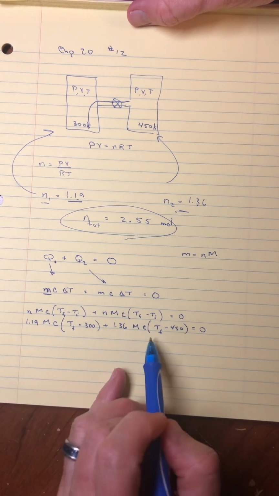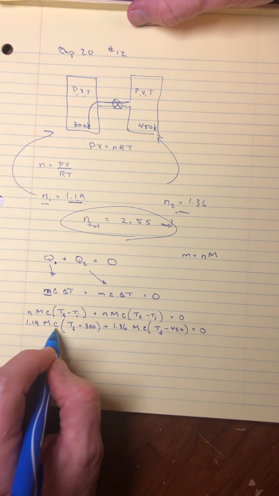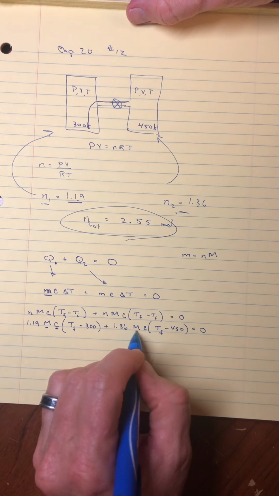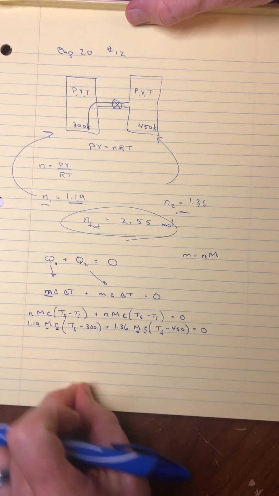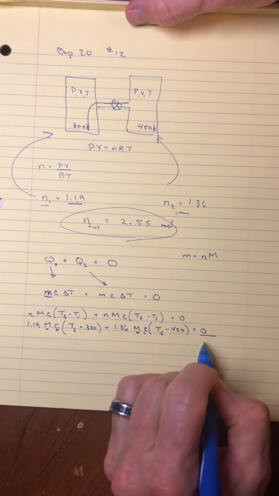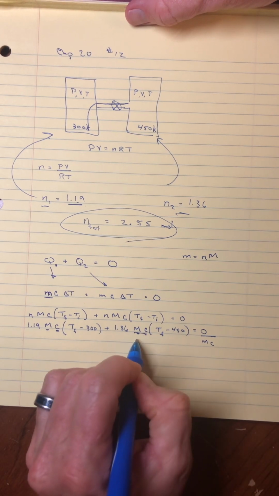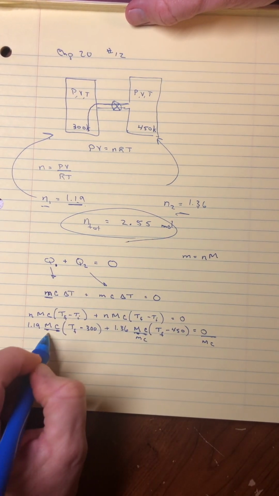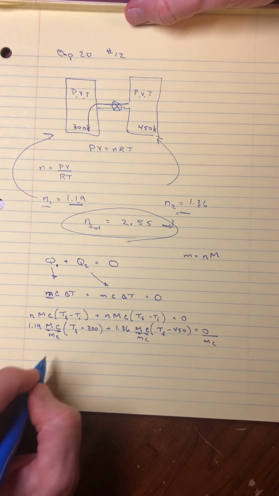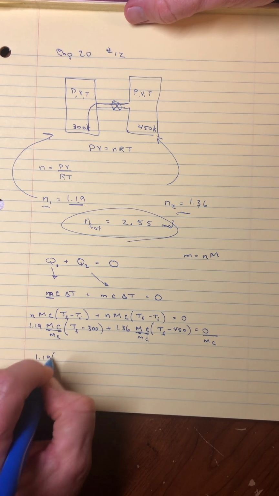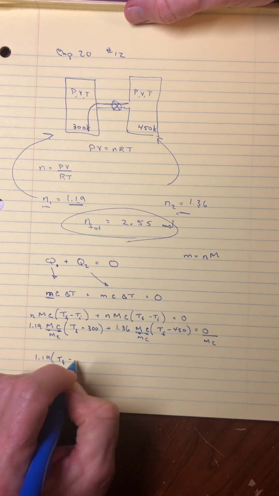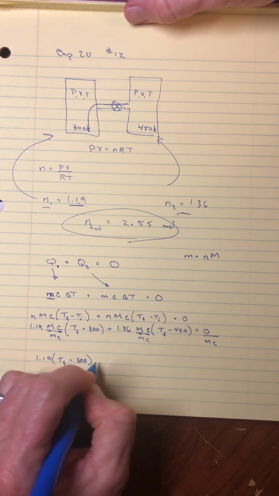And here's where I kind of was looking ahead and realized that there would be an MC in each of these, and so if I factor out and divide, because this side's 0, I really don't need to know what they are. And so this becomes 1.19 final temperature minus 300 here.